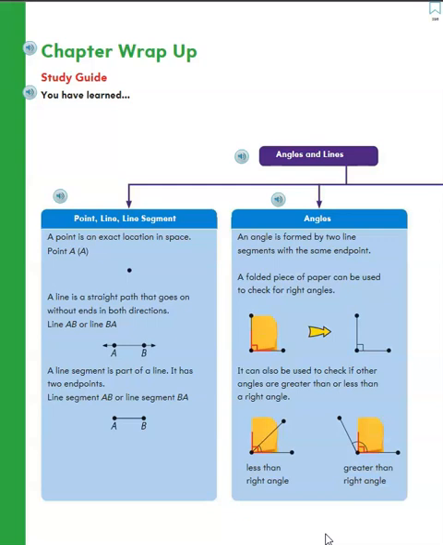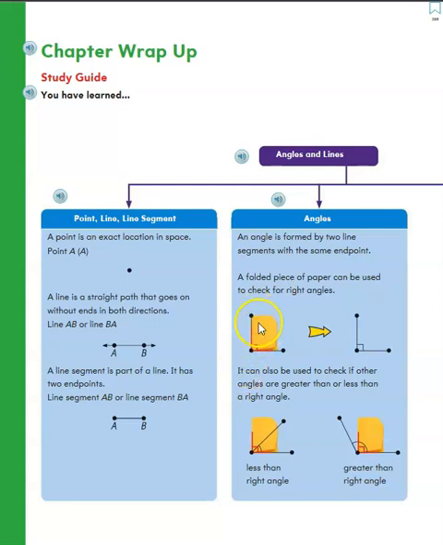So we definitely know that rectangles and squares have right angles in them. And this also tells us a folded piece of paper can be used to check for right angles. So if you have a piece of paper, you could fold it in half and you could hold it up to a shape and see if the angle on the shape that you're looking at lines up perfectly with that piece of paper, then you would know it's a right angle.